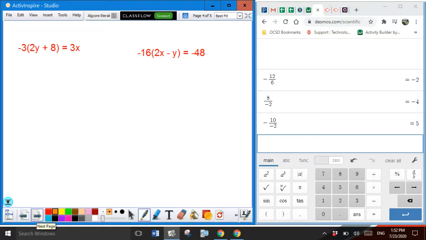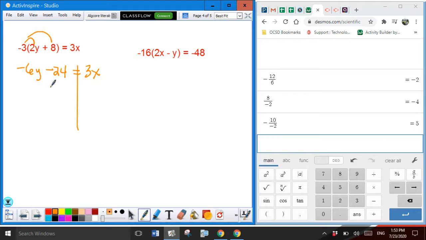All right, let's do 2 more and then we'll call it good and you can keep practicing. So in this case, both of them we're going to distribute. So this is negative 6y minus 24 is equal to 3x. Now in this case, my x is over here, but the number needs to move.